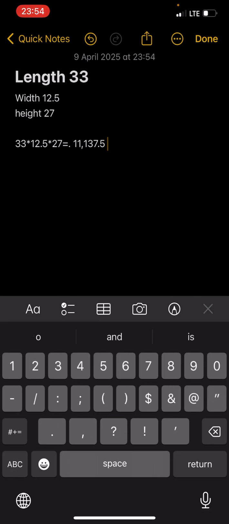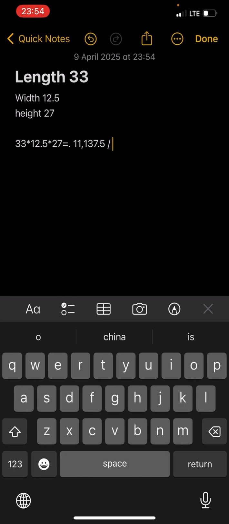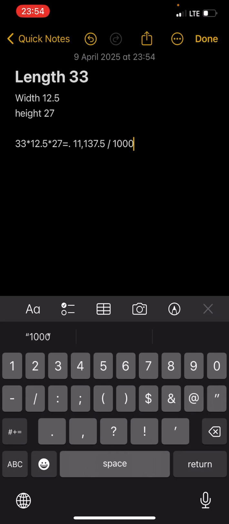Then you divide it by 1 million naira. Is that okay?